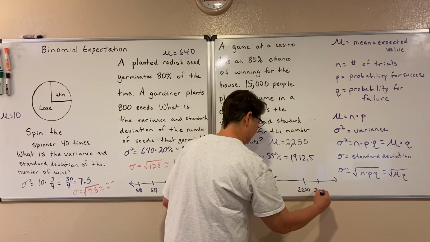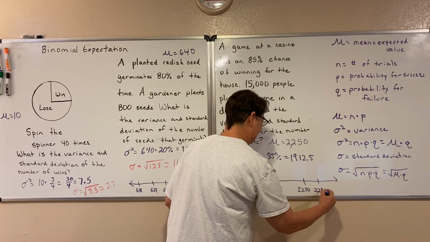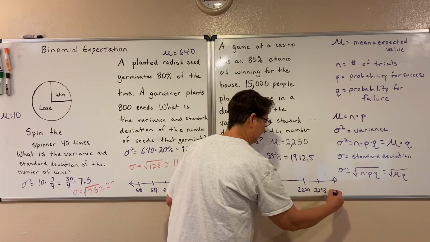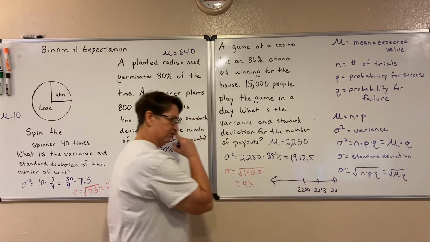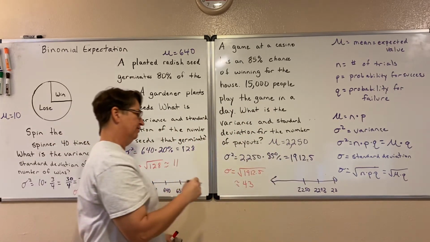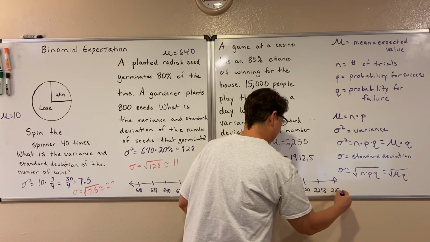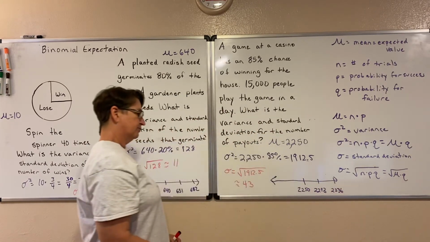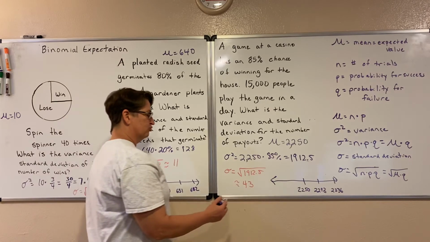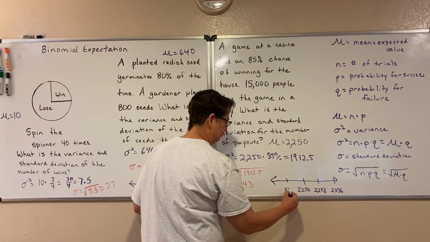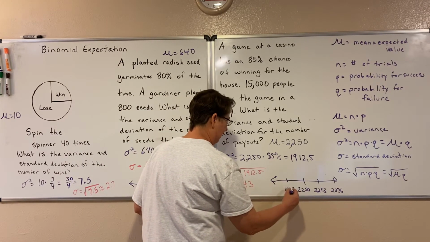So 2,293, add it on again, you get 2,336. And then you subtract that off twice so that you're at 2,207.